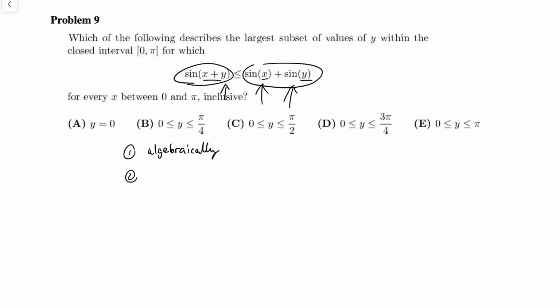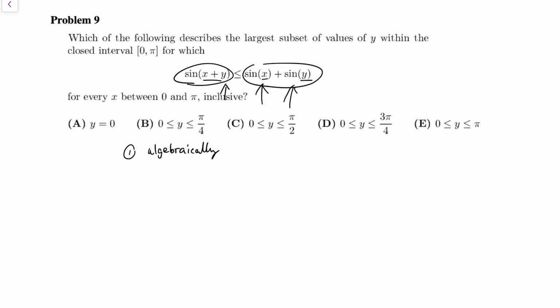The second thing you're probably thinking is somehow using the sine graph to figure out sine x and then sine y, and how they add up together to be smaller than or equal to this value, right? So we're going to do it algebraically.